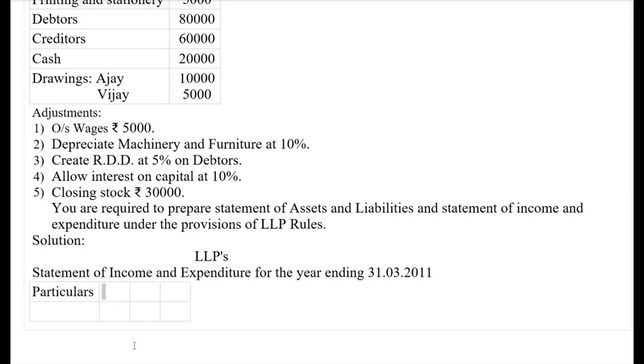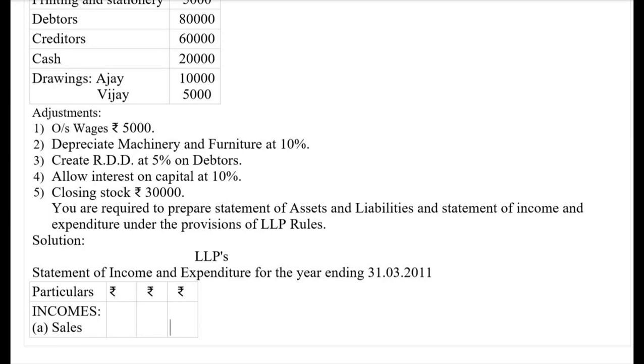Particulars, rupees. So now let's start here. Incomes, in that A, sales, directly will go here.